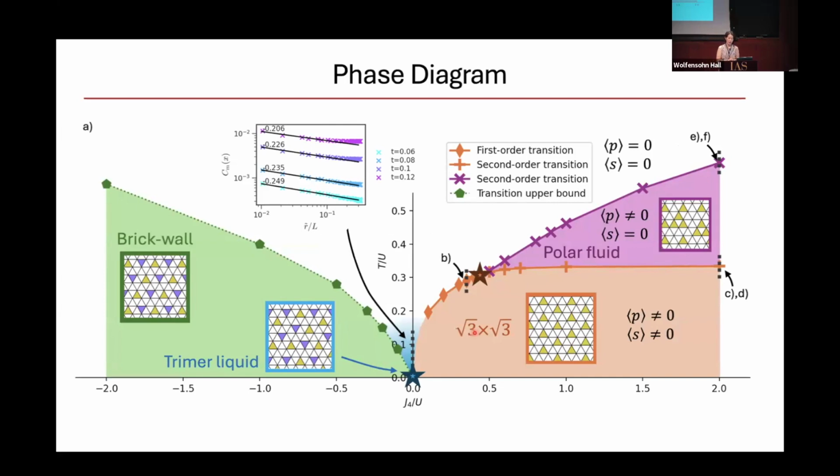What is S? S has to do with the √3 by √3 state, which is a charge order state. So S would be the Fourier component of density associated with the ordering wave vector. If I just look at the centers of the orbitals, it's a tripling of the unit cell.